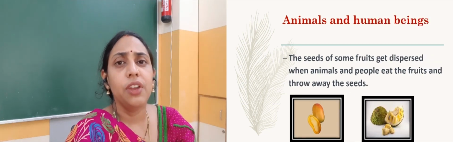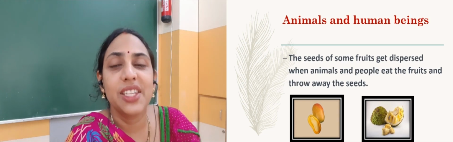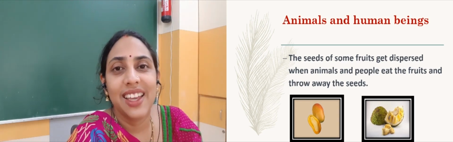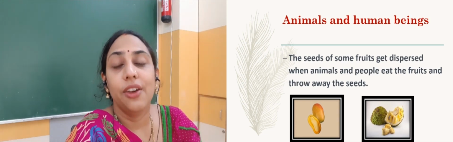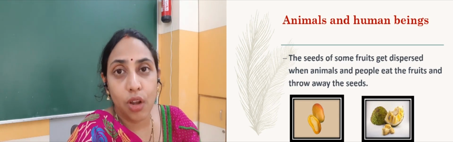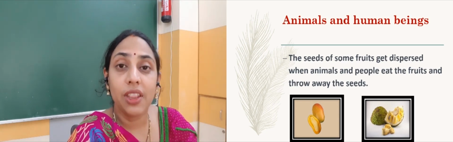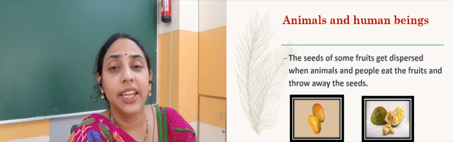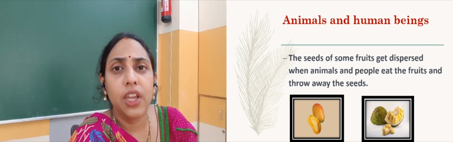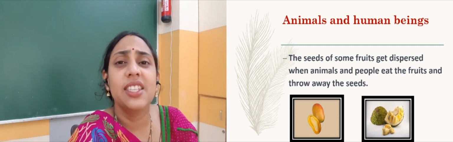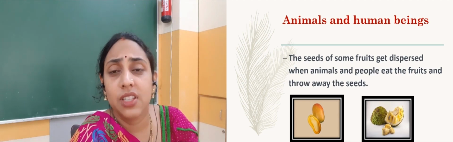Do you know even we help the seeds to get dispersed? Yes. When animals, and all of us human beings, and even birds eat fruit, we cannot digest the seeds of some fruits like mango.